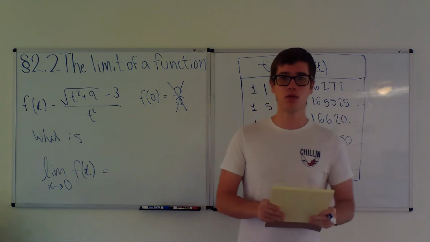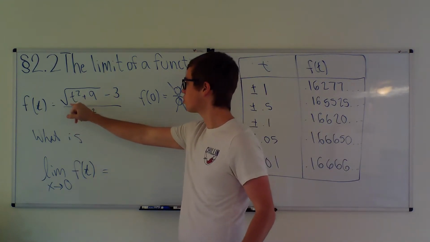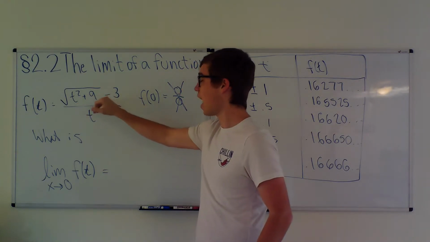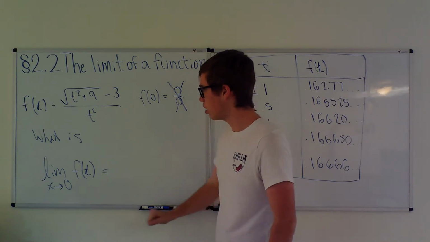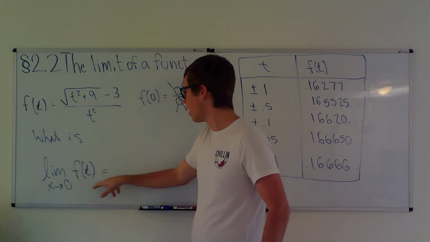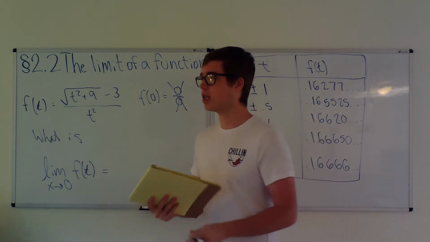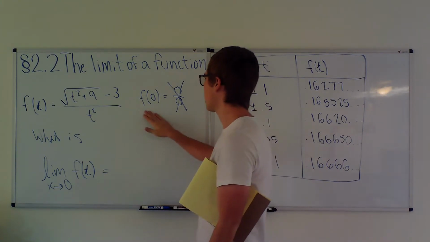Alright, now onto another function. F of t is equal to the square root of t squared plus 9, minus 3, all over t squared. What is the limit as t approaches 0 of f of t? What you should always do, just to see if it works, is plug in the limit.